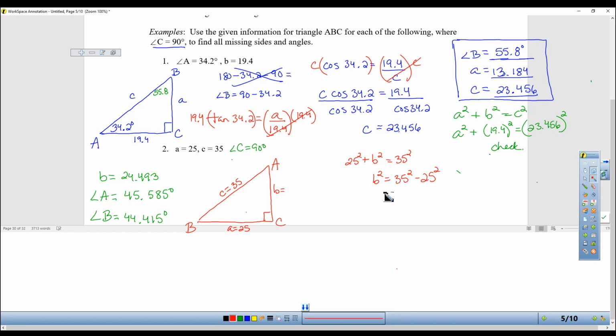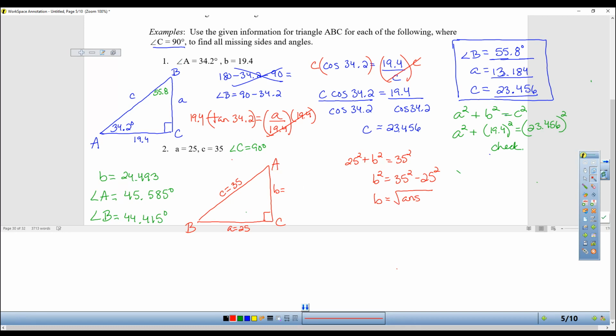And then once you get this number, the thing you want to do on your calculator is do square root of answer. There's an answer button on your calculator that will allow you to not have to retype that in. Just do square root and then find the answer button. And that's how you can make it the most exact. And of course, B comes out to be 24.493.